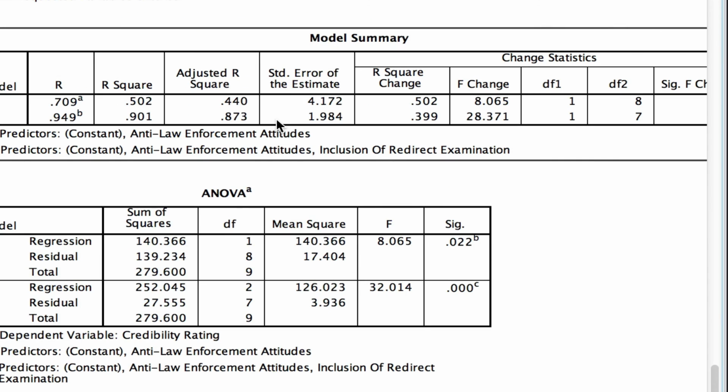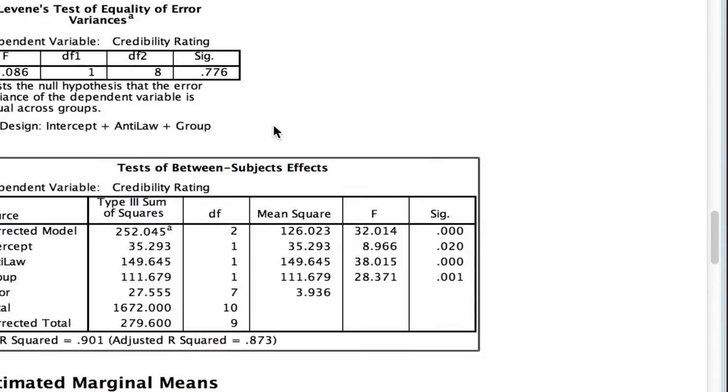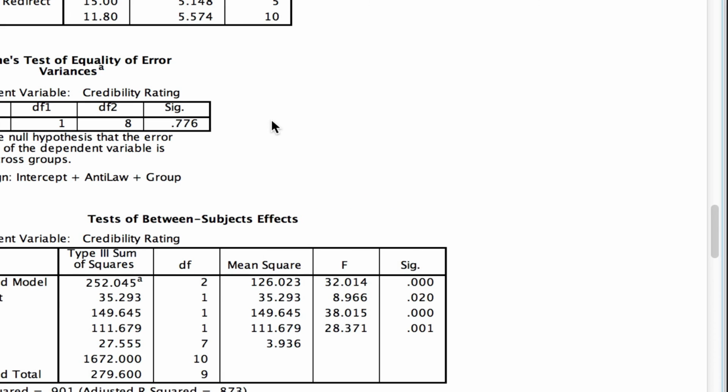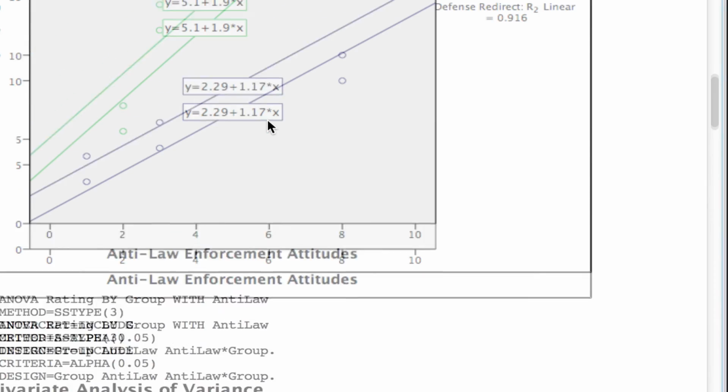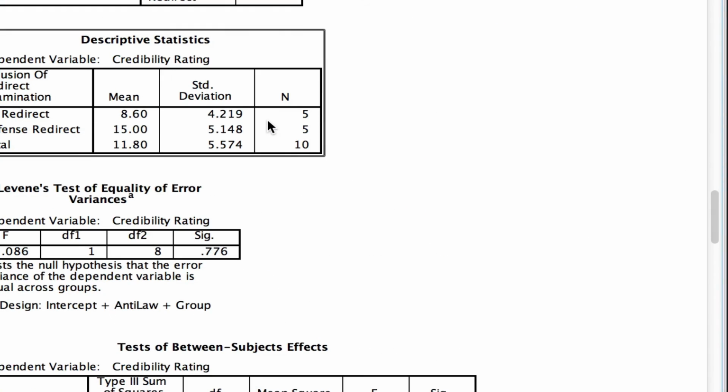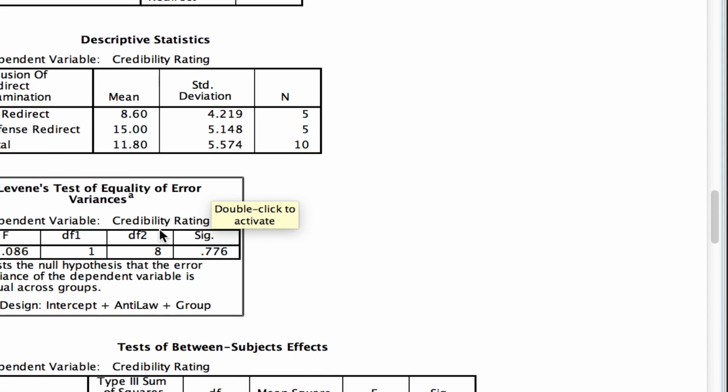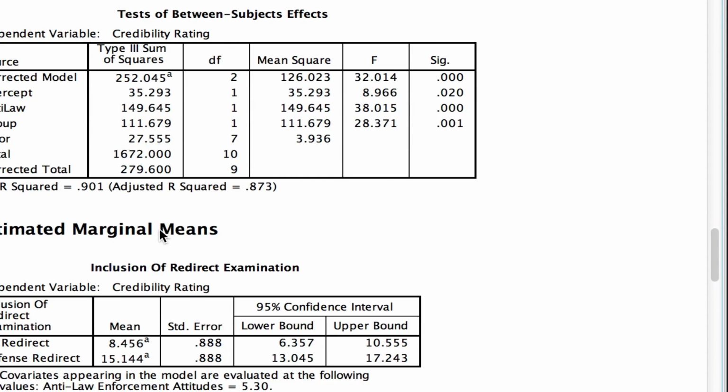And if we look here, it says: the covariates appearing in the model are evaluated at the following values. 5.3.